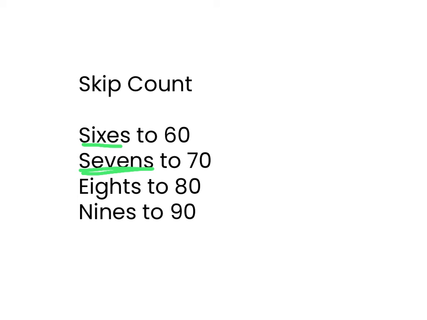So we've made it all the way up to 70 with our multiples, and now we're going to go backwards. 70, 63, 56, 49, 42, 35, 28, 21, 14, 7.